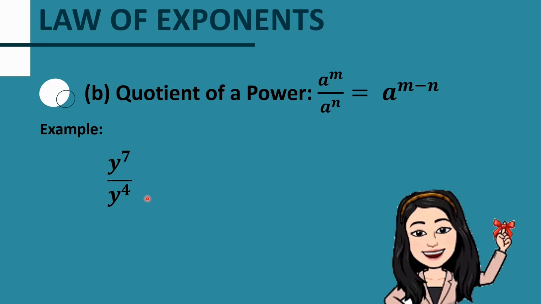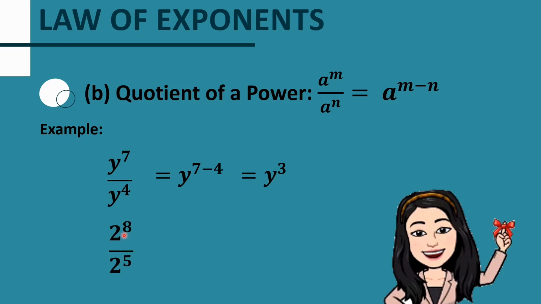So this is equal to copy the same base, and then subtract their exponents, numerator minus the denominator. So we have 7 minus 4. And simplifying it, it is equal to y cubed because 7 minus 4 is equal to 3. So y raised to the 7th power divided by y raised to the 4th power is equal to y cubed.